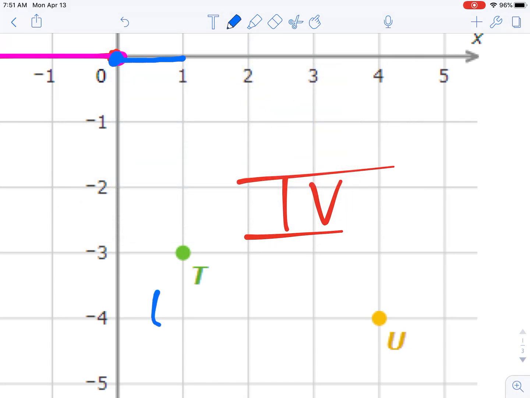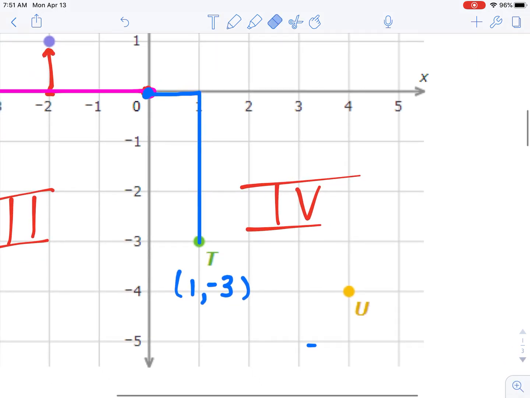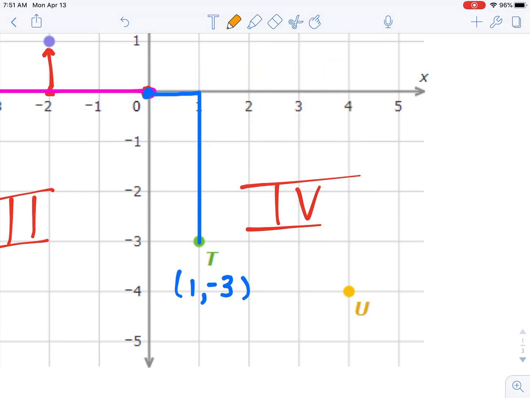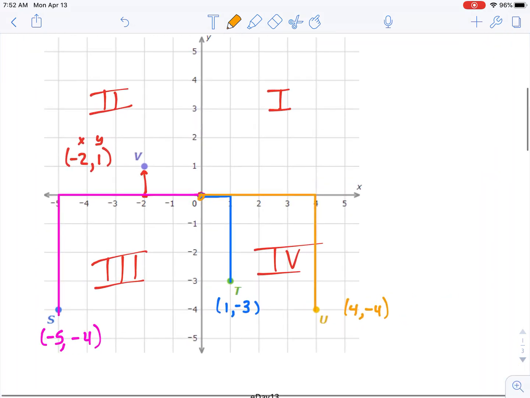We went right first, 1, and then we went down 3, so -3. And one more, our u. Always start at the origin. We went to the right 4, so our x is 4, and we went down 4, so we're at -4.